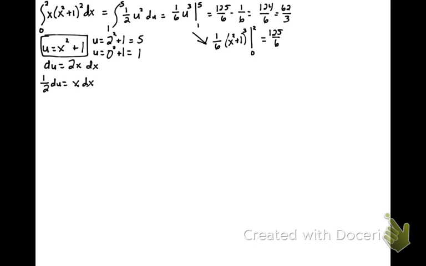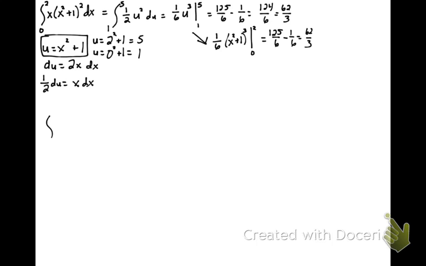If I substitute in 0, 0 plus 1 is 1, 1 cubed is 1, minus 1/6, and we already know that will equal 62/3. So once we change it in terms of u to evaluate a definite integral, we can just keep working with everything in terms of u. Let's consider a number of other examples.